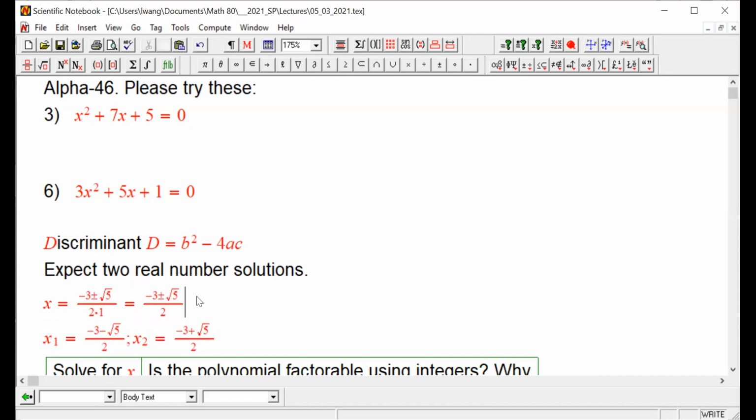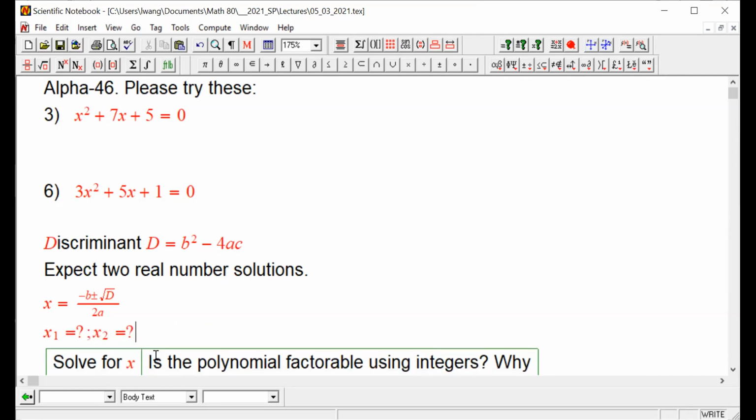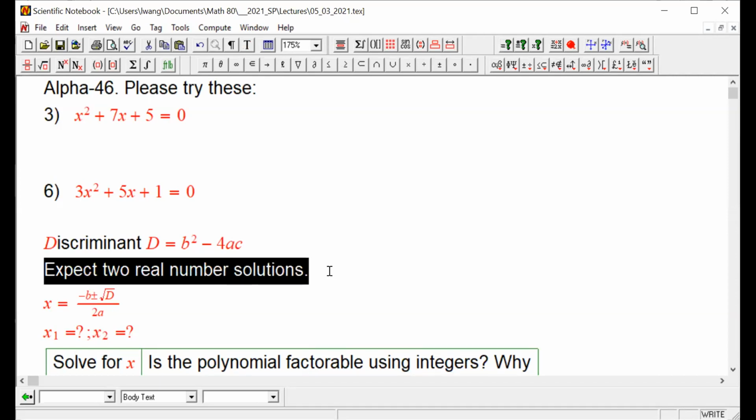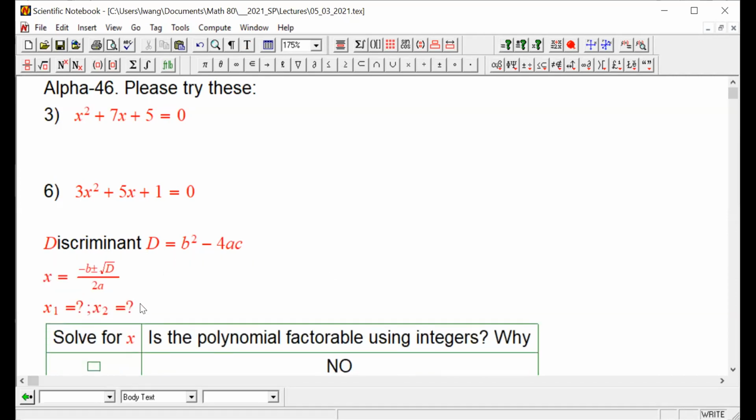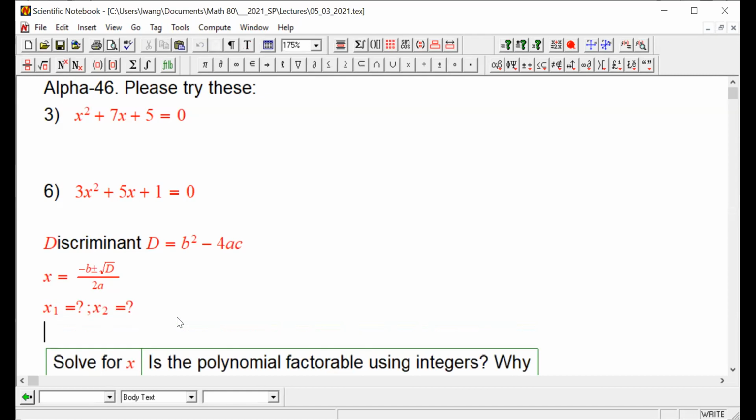So this is 2a, negative b, discriminant, and give these two values if that's clear. How many solutions are expected is entirely up to you.